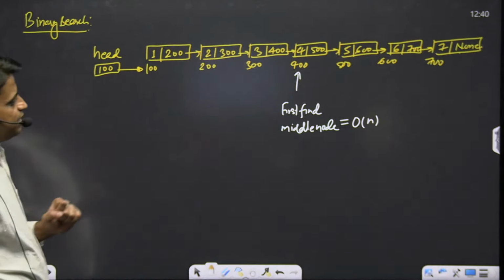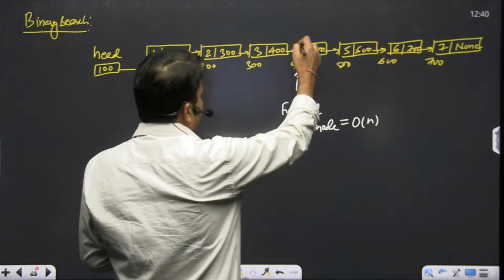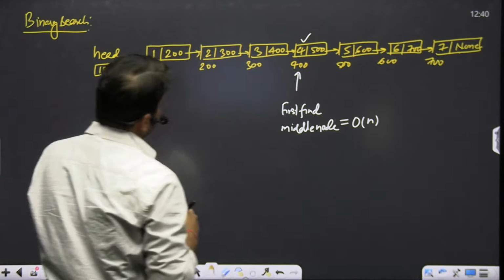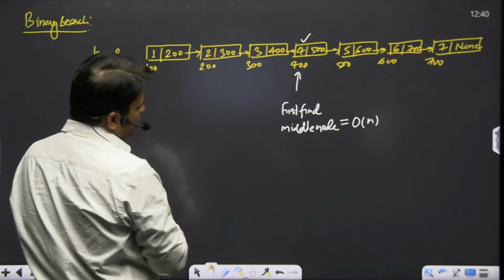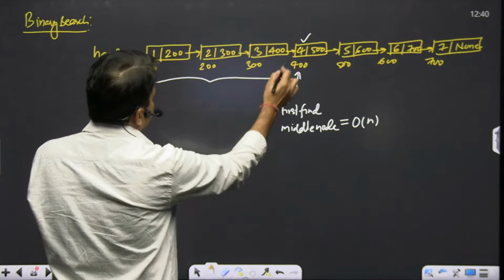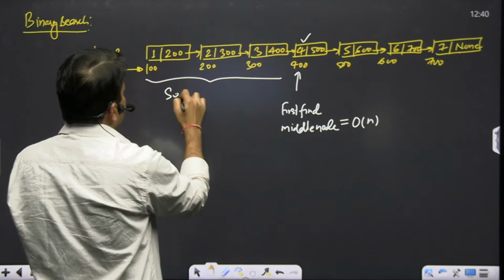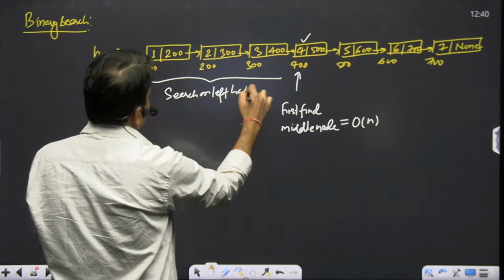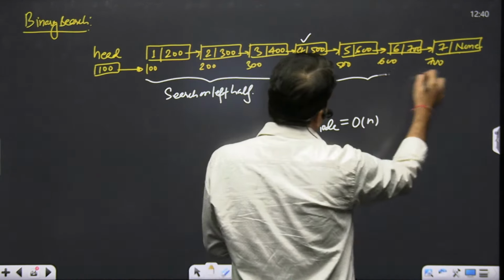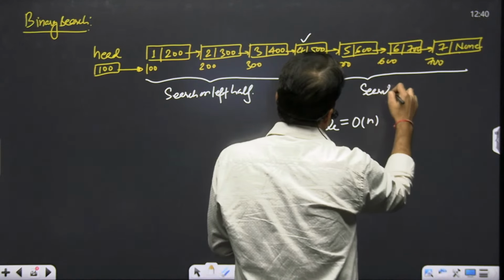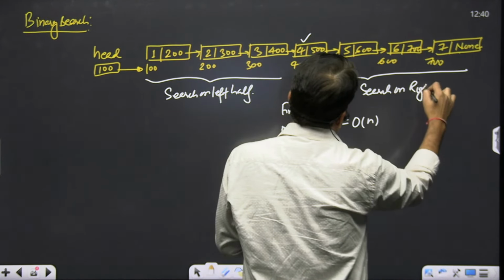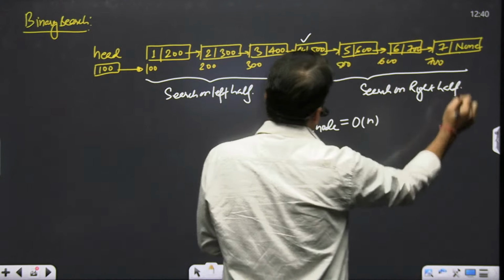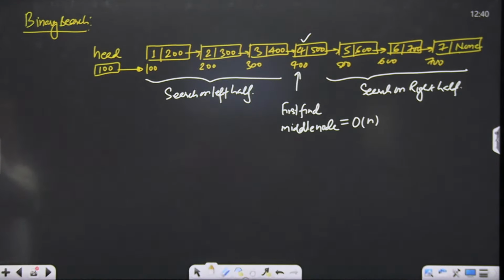This is the middle node, and check the key you want to search against this middle node. If the key is less than this middle node, then search in the left half. If the key is greater, then search in the right half.